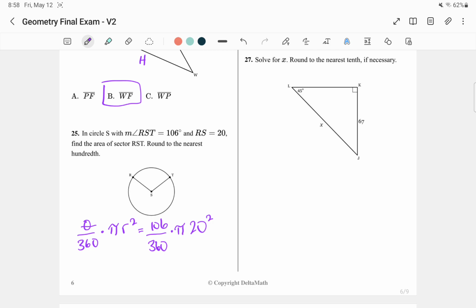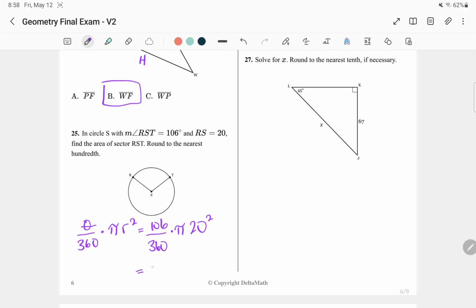So we're going to get our calculator. First, we're going to divide 106 by 360, hit equals, then times the pi key. Like I said, times 20 times 20, or if we know 20 squared is 400, I'm going to type in times 400 equals. We want a decimal here, not something in relation to pi.